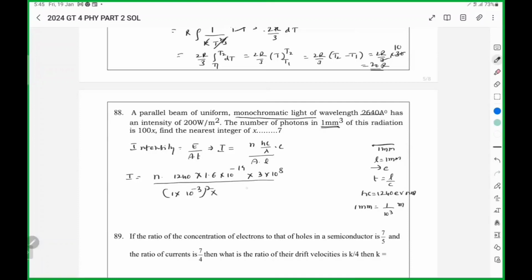Again, length is 10 power minus 3. So nanometers, I'll write 10 power minus 9 meters.